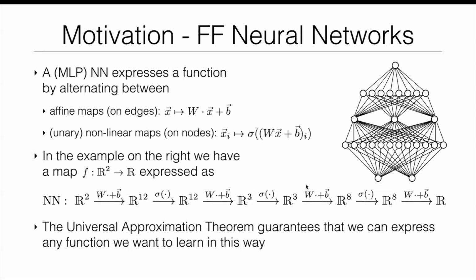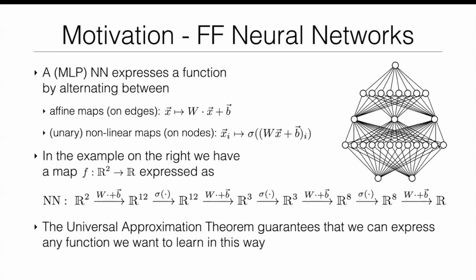And the way this map is constructed is you compose different functions, and on the edges here, you apply affine maps, meaning you take your input vector, you multiply it by some matrix W, and you add some vector B to it, and that then maps from R^n to R^p, where W is an n by p matrix.